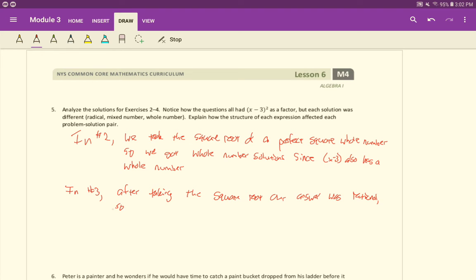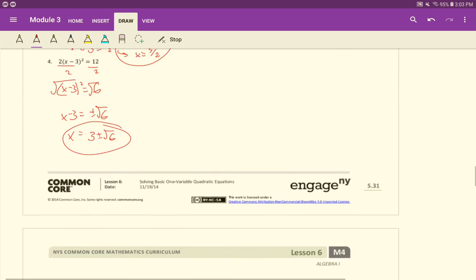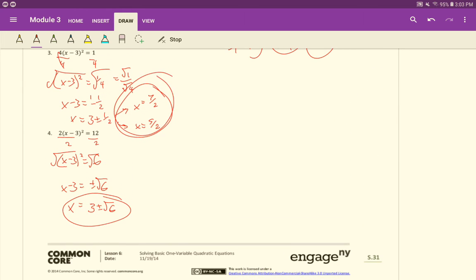So adding 3 also made our solutions rational. Rational again just means a number that can be written as a fraction. So in these cases, our fractions were 7/2 and 5/2.